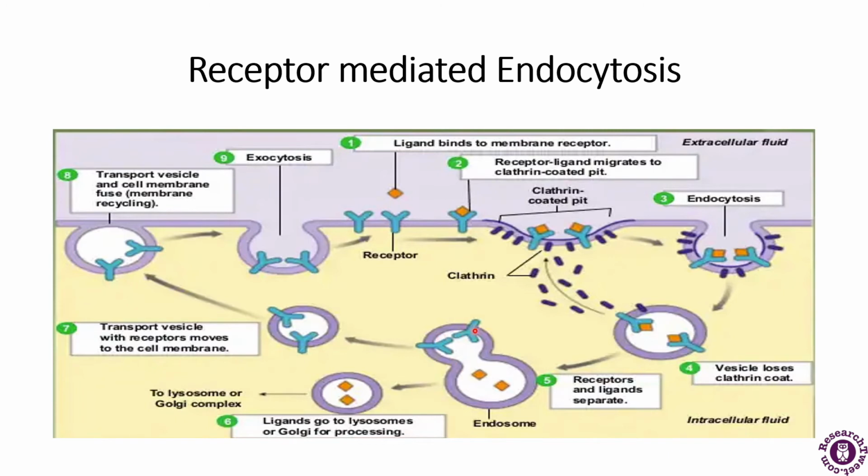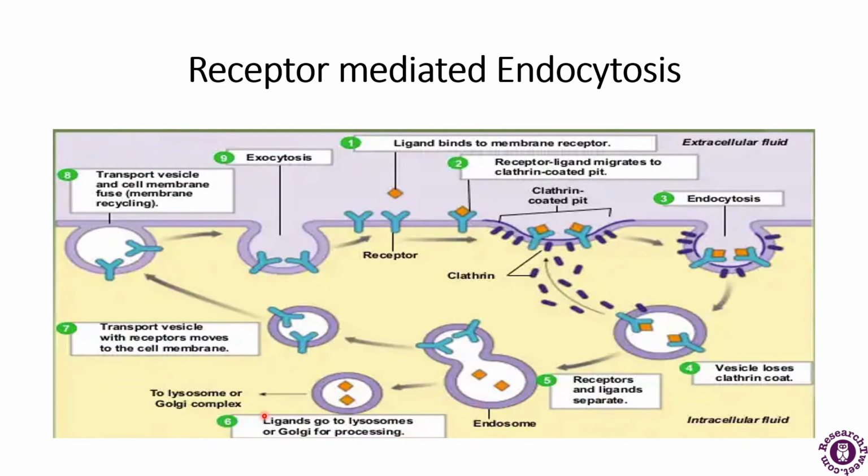You can see receptors being separated from the ligands. This is the endosome, and from here the receptors and ligands are being separated. In the second step they bound, but in the fifth step they are separating.